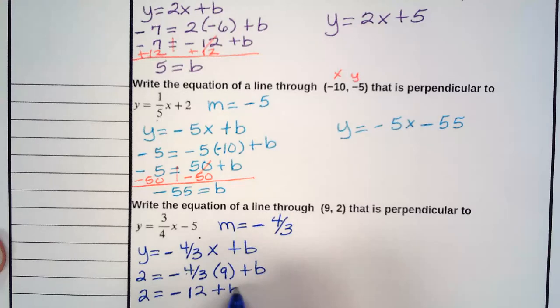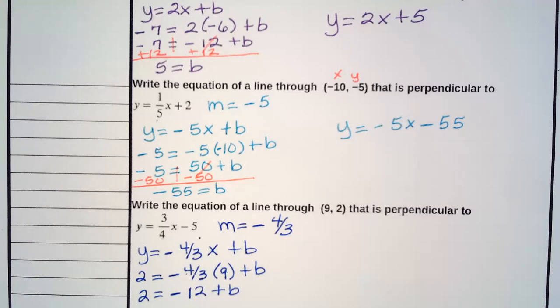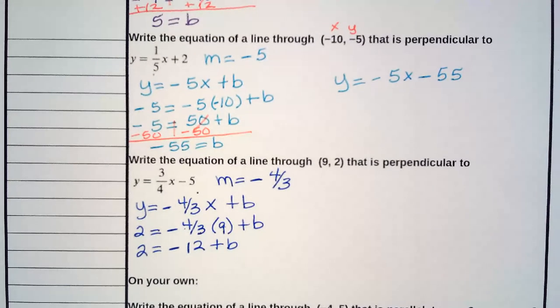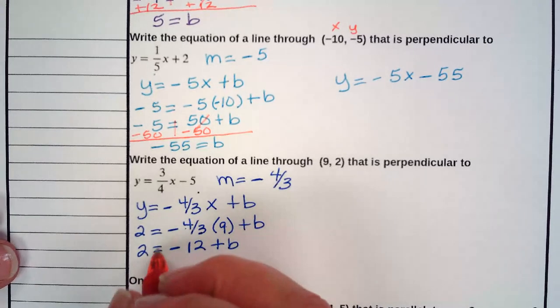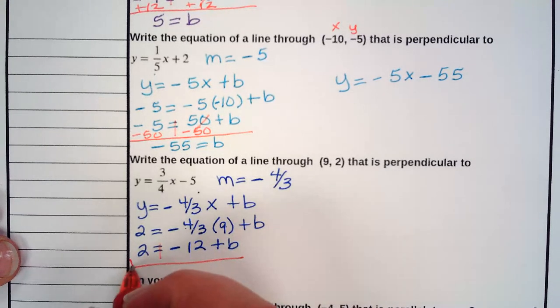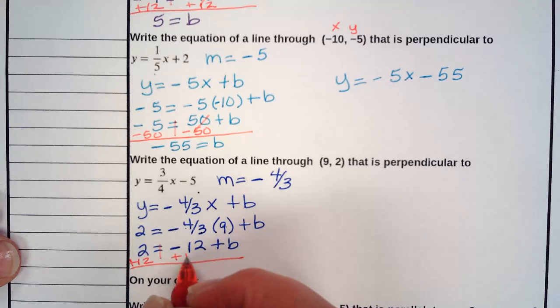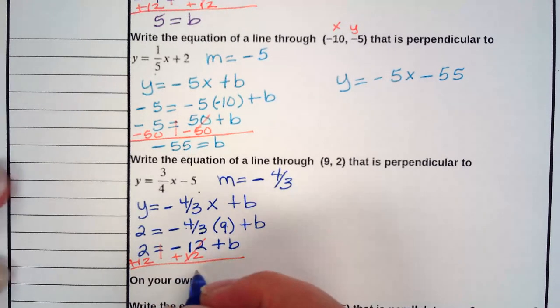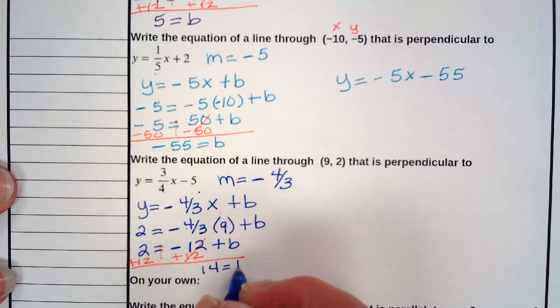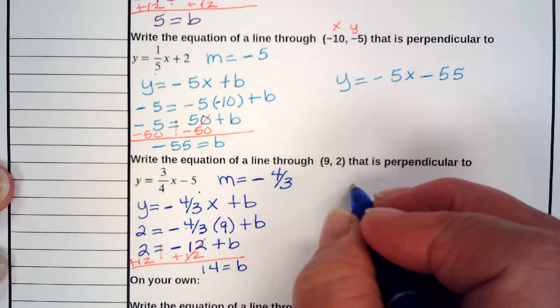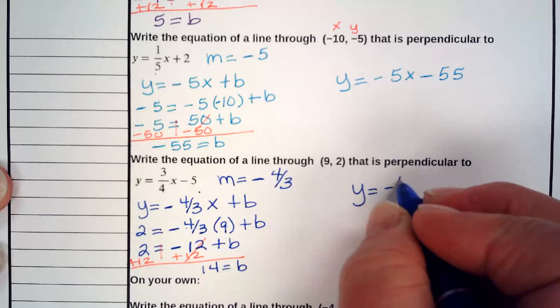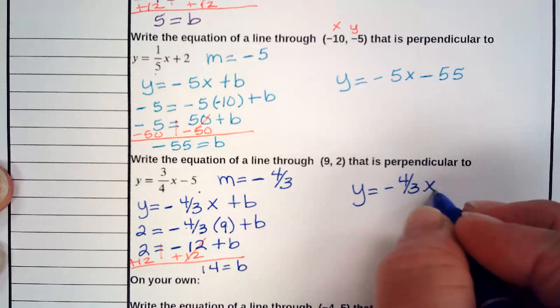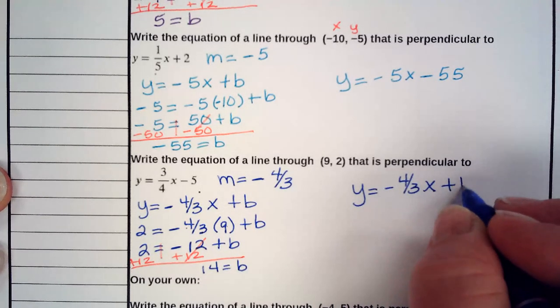Negative 12 plus b. Solve for b. Add 12 to both sides. 14 is equal to b. So, y is equal to negative 4/3 x plus 14.